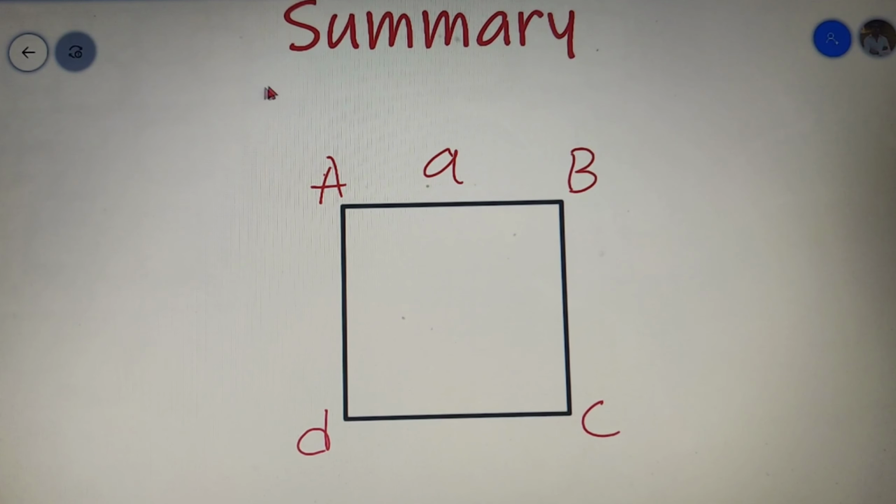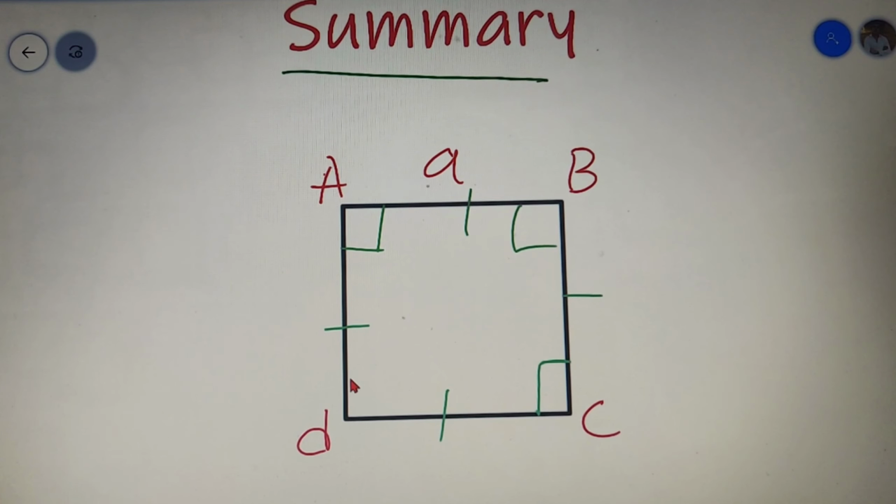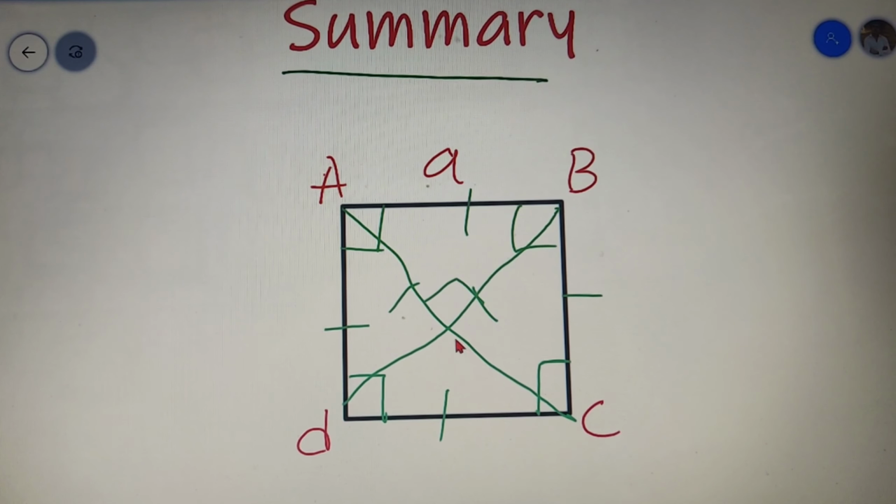So let's do a quick summary about all the properties of a square. All the sides of a square are equal. All the angles of a square are equal and each angle is equal to 90 degrees. The diagonals of a square bisect each other at 90 degrees, and both the diagonals of a square are equal.